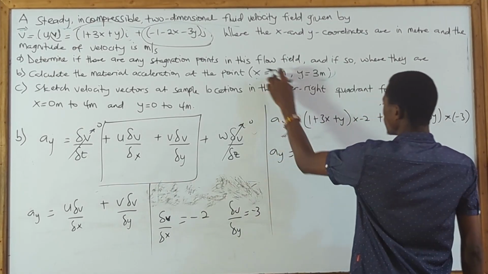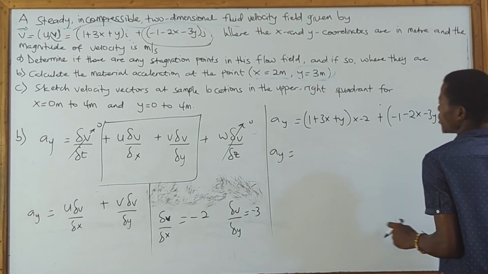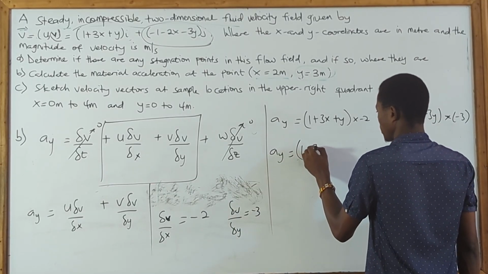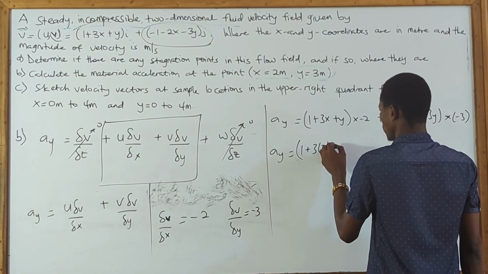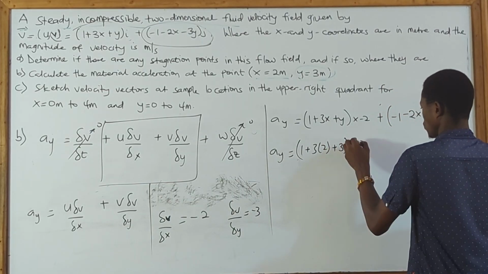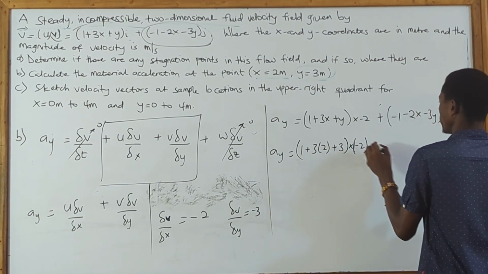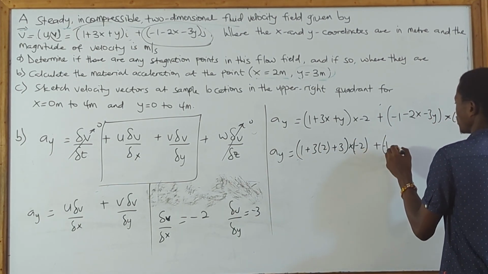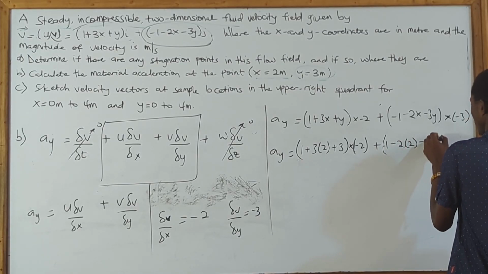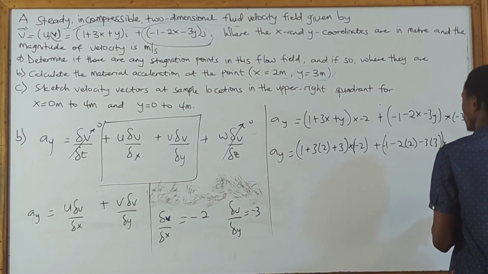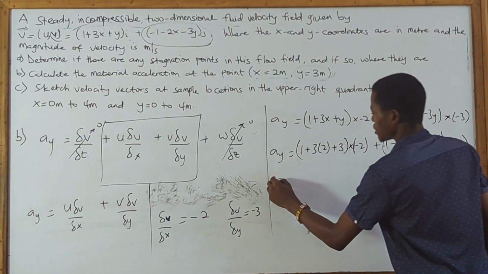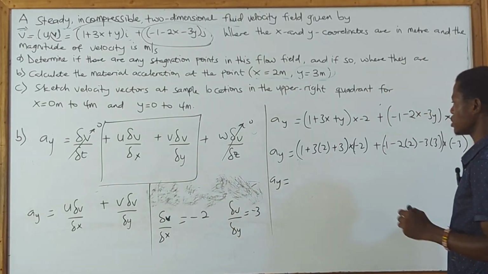Putting our point into this formula, that's 1 plus 3 multiplied by 2 plus 3, all multiplied by negative 2, plus minus 1 minus 2 multiplied by 2 minus 3 multiplied by 3, all multiplied by minus 3.